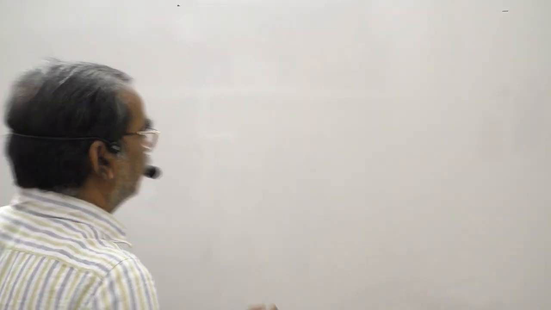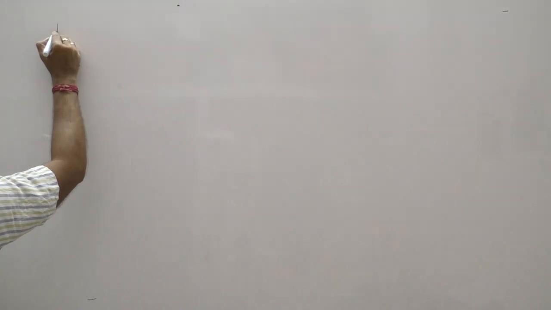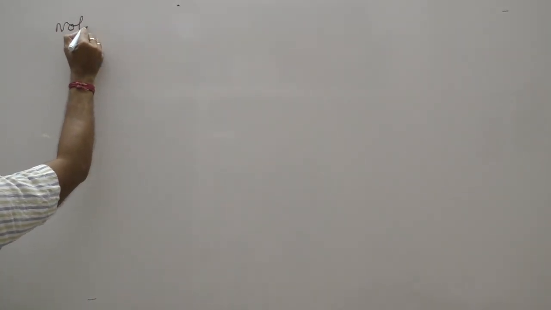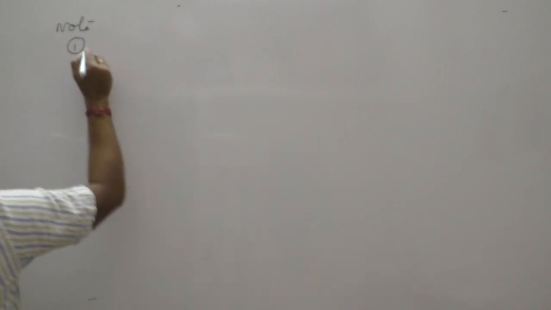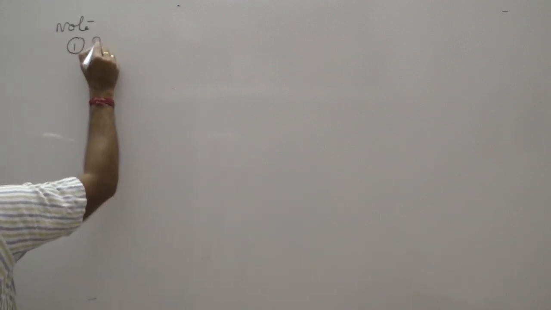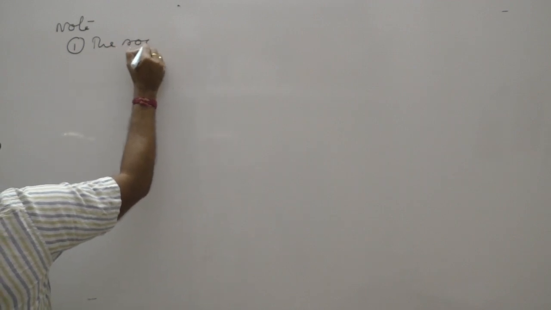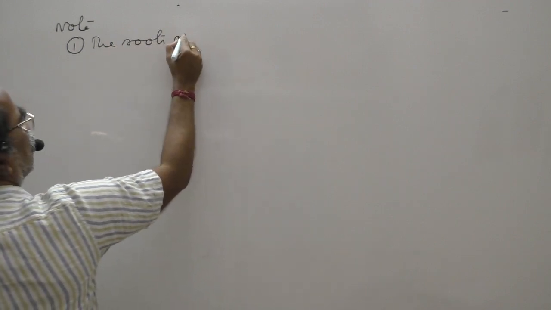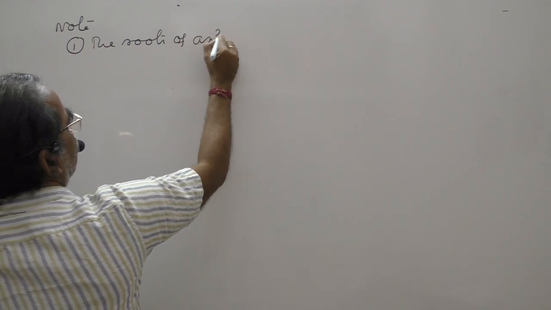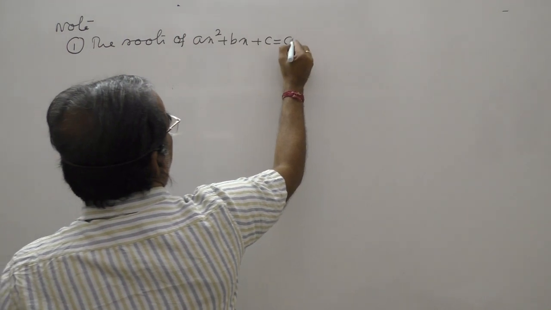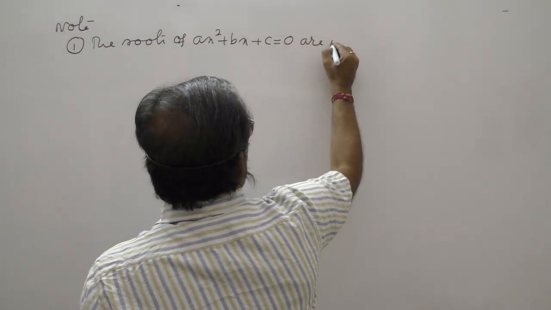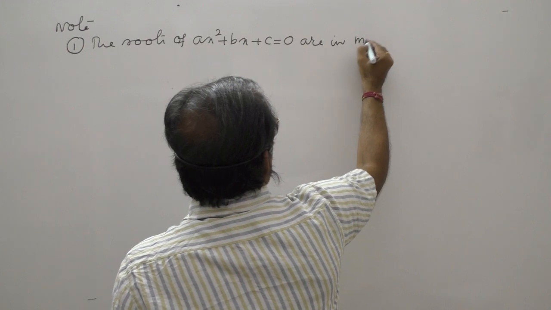Yes. Now we have seen the condition for the roots of the equation to be in the ratio m is to n. We will collect some more information. Please see. Note number 1. Once again I will mention that. The roots of ax square plus bx plus c is equal to 0 are in the ratio m is to n.